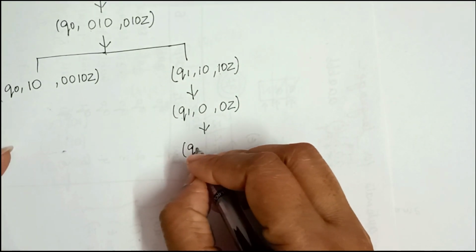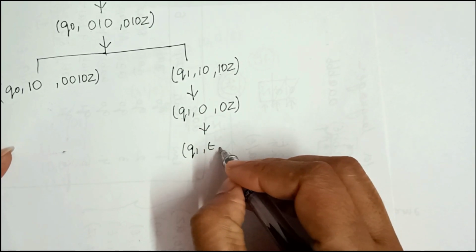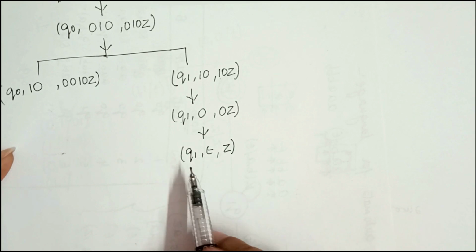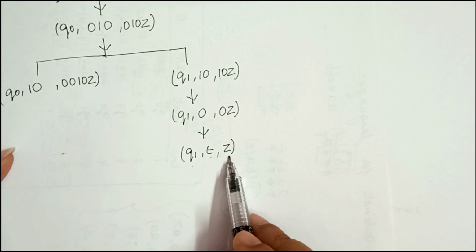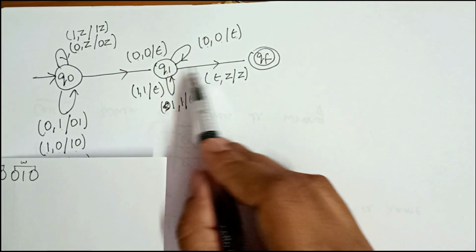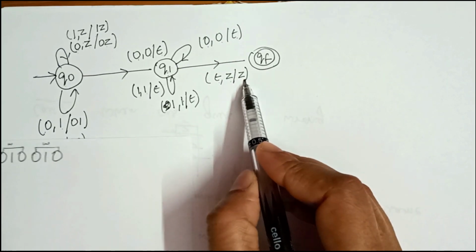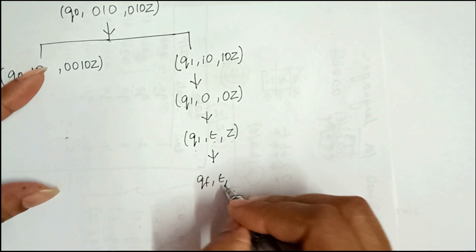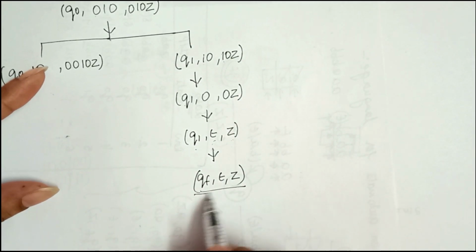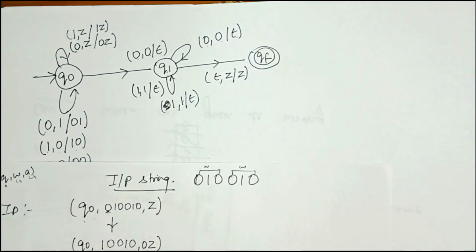This 0 will be popped with this 0, and the stack will remain Z. Now we are on the Q1 state, the input symbol is epsilon and the top of the stack is Z, so we reach the final state with Z on the stack. This means that our guess is correct and this particular input string will be accepted by this PDA.